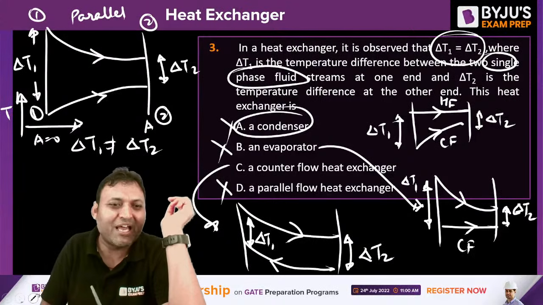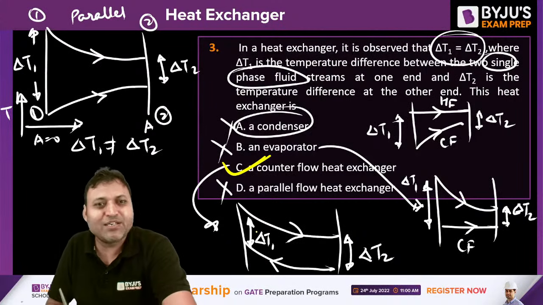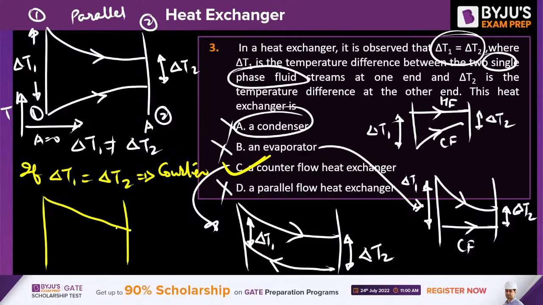That will be the special case of the counterflow heat exchanger. And when delta T1 is equal to delta T2, the temperature profile will become two parallel straight lines. Do you agree?